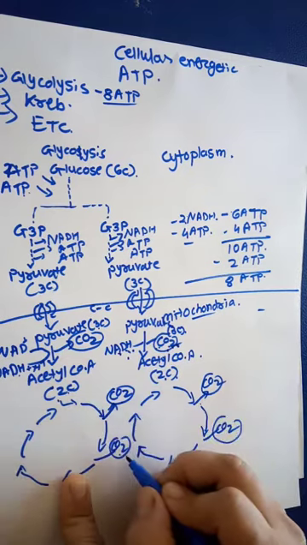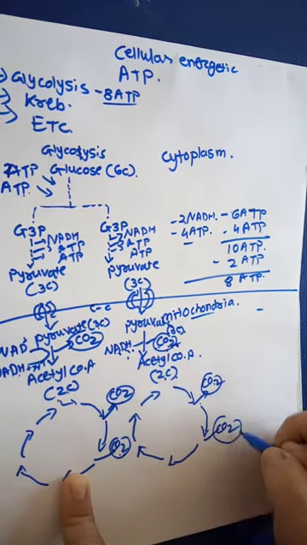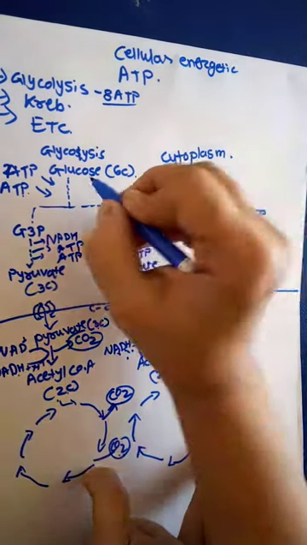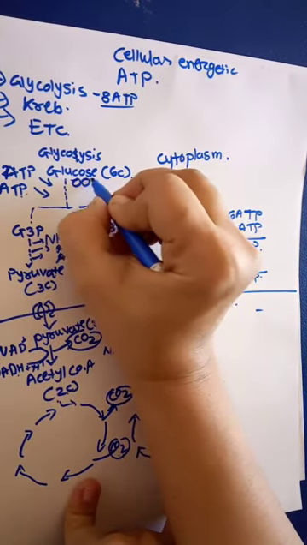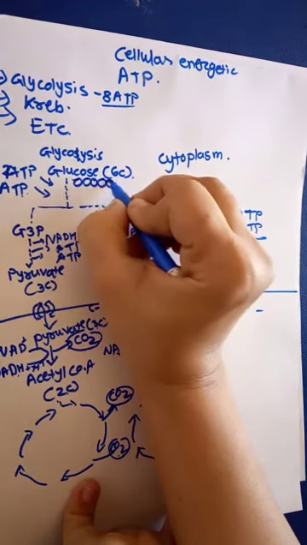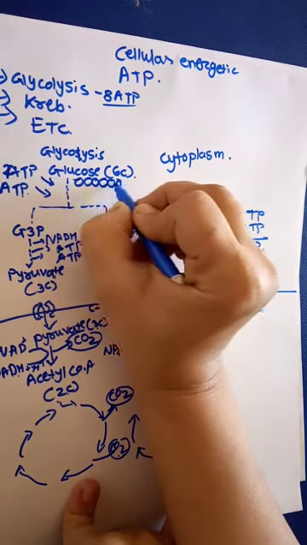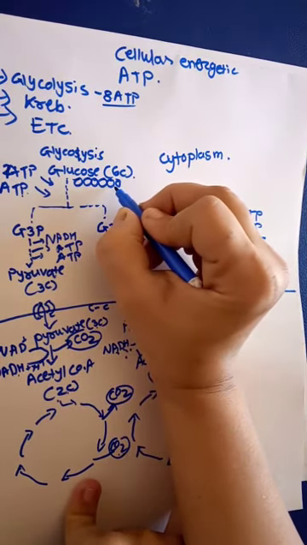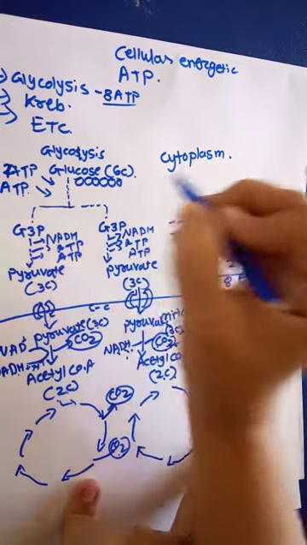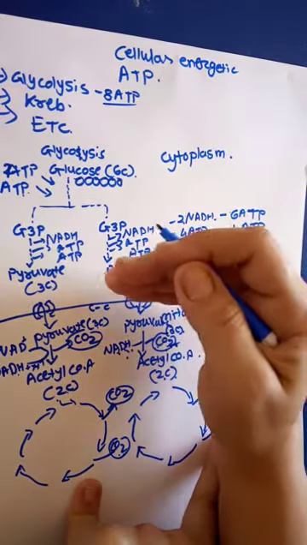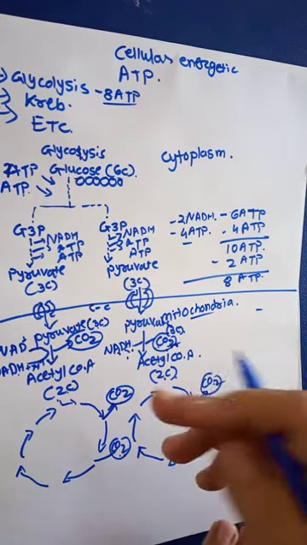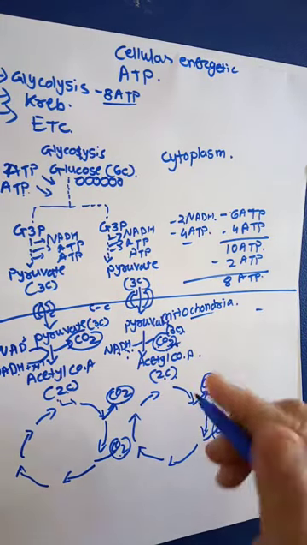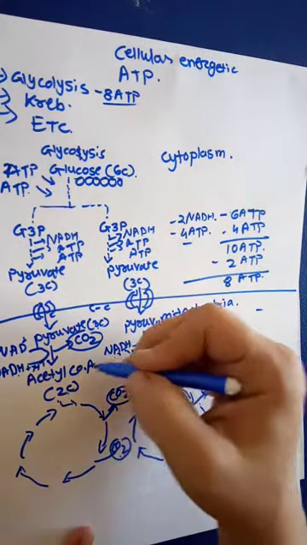1, 2, 3, 4, 5, 6 carbon dioxide. Initially when we started this reaction, the glucose was a 6 carbon compound. This 6 carbon compound undergoes a series of reactions.